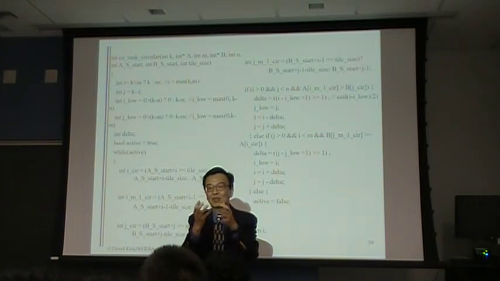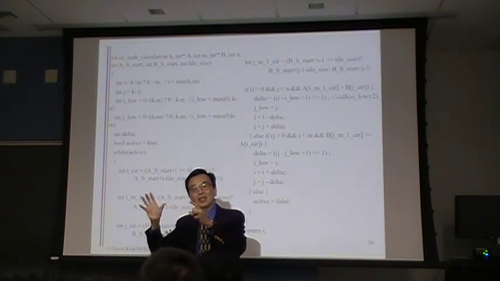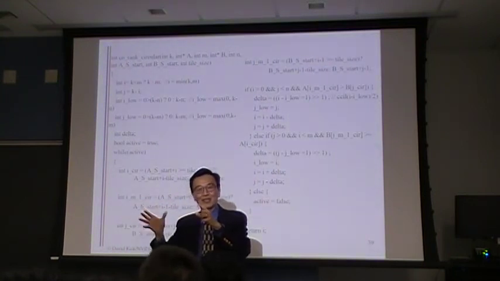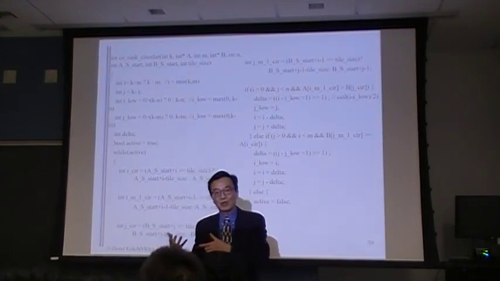The values are the ones that we look at to determine if A[i-1] is less than B[j], and then A[i] has to also be less than B[j-1] plus 1.